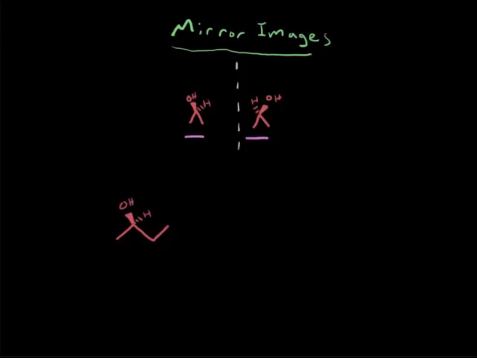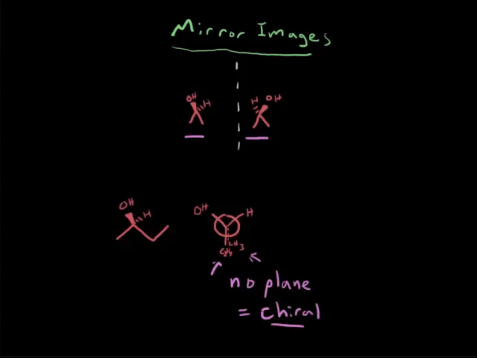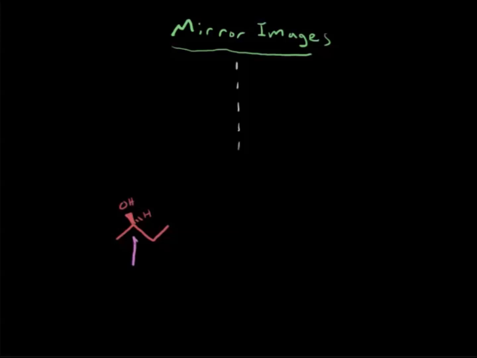But let's go ahead and take a look at our 2-butanol right here. And we can draw this view right here. Right here we have our ethyl group and the methyl group in the back. And there's the hydroxyl group and our hydrogen. But because those two functional groups that are on the bottom are different, there's no way to find a plane of symmetry. So 2-butanol is chiral. We can look right here at this carbon. This sp3 right here has 4 different attachments to it.